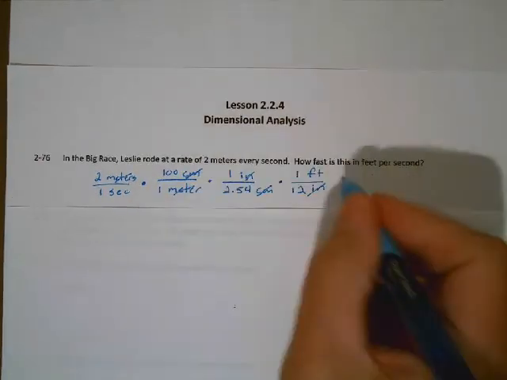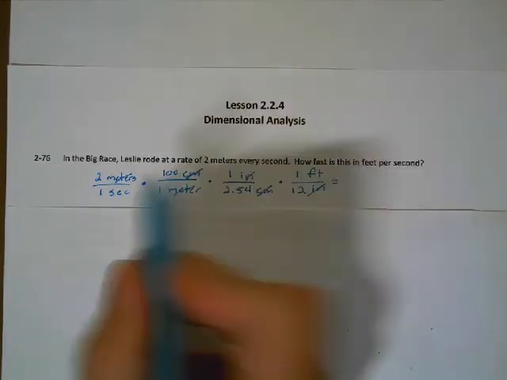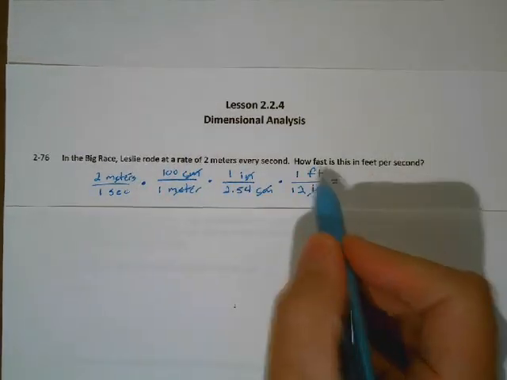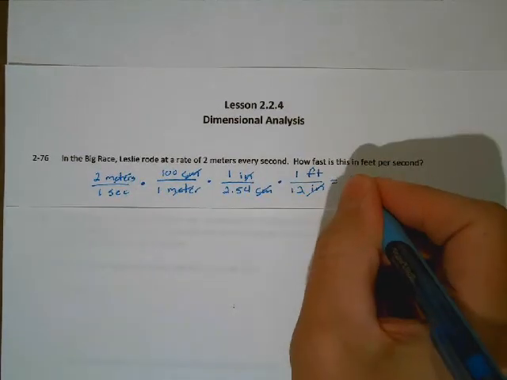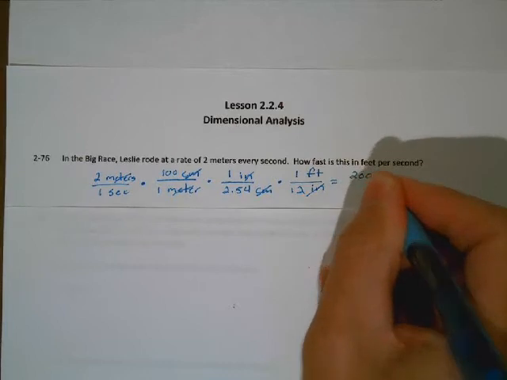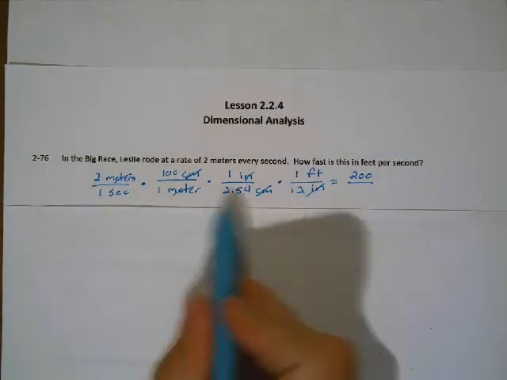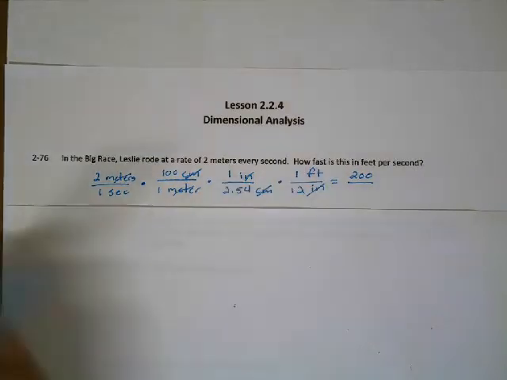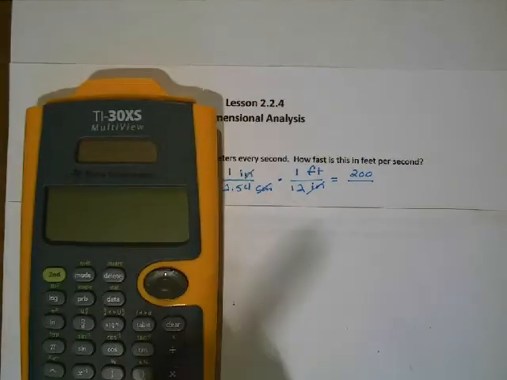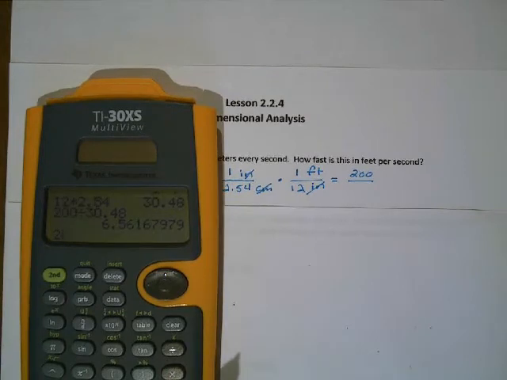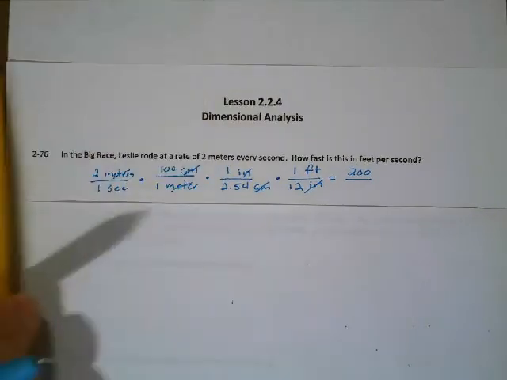So what I can do is I can just multiply going straight across. 2 times 100 times 1 is 200. In the denominator, we got 1 times 2.54 times 12. Let me pull out my calculator. 2.54 times 12 is 30.48.